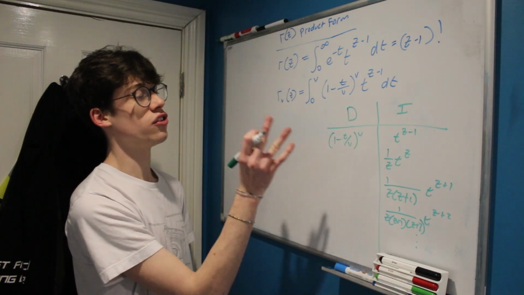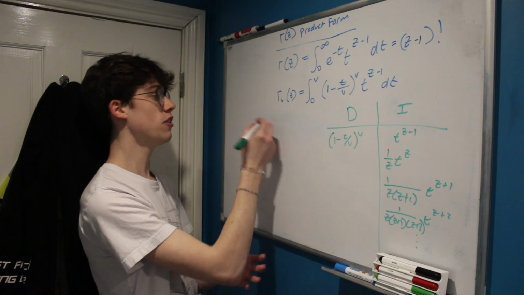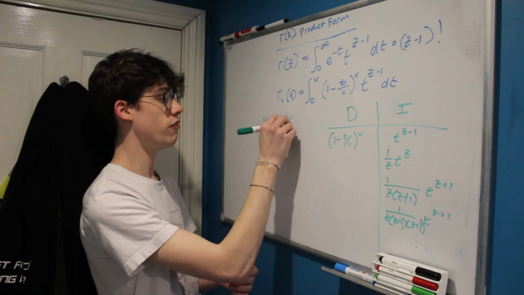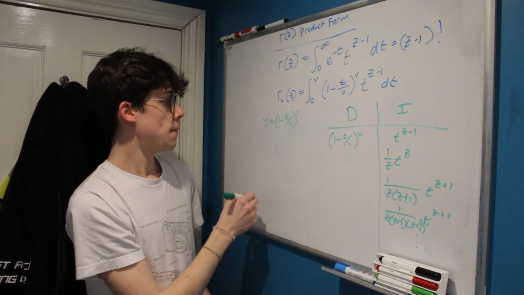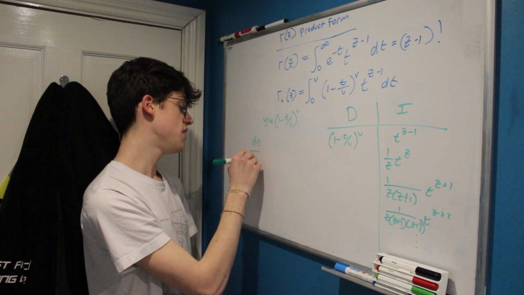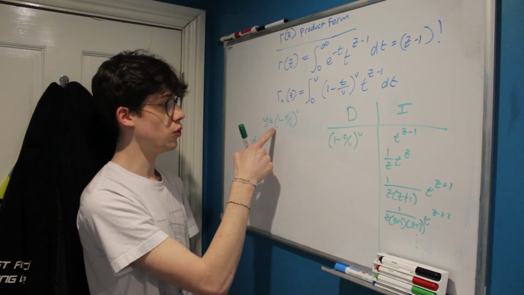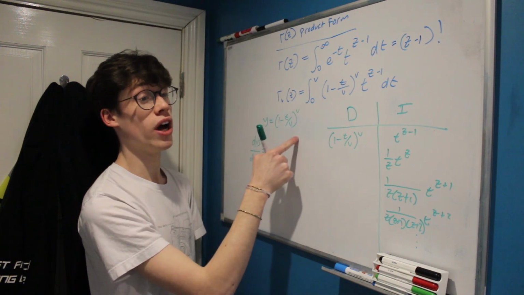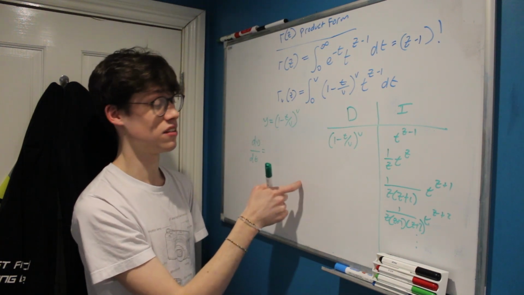So let's look at the term that we're differentiating. I'm just going to choose y to be equal to (1 minus t over v) to the power of v. And we know that using the chain rule, dy/dt is equal to the derivative of the inside with respect to t times the derivative of y with respect to whatever we've chosen to be the inside.